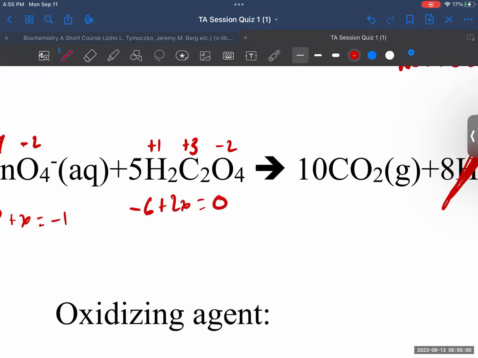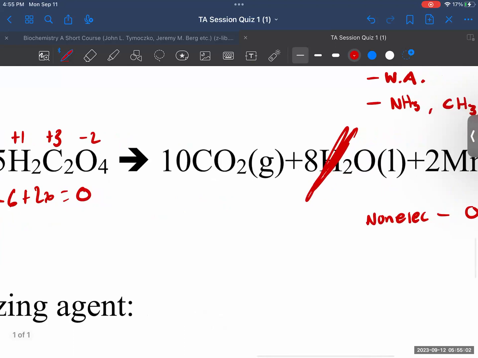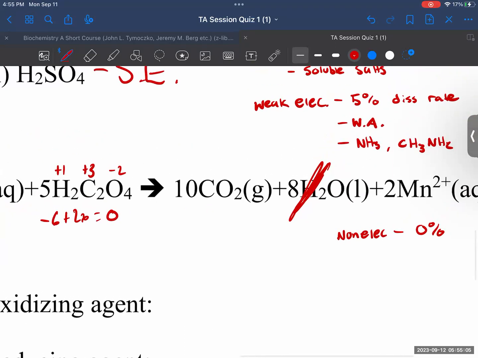And if you solve for x, x equals +3. All right, oxygen, y'all know the drill. -2. What about carbon? +4, yeah. There are 2 oxygens, 2 times 2 is 4. So then -4 has to add up to 0, so +4.